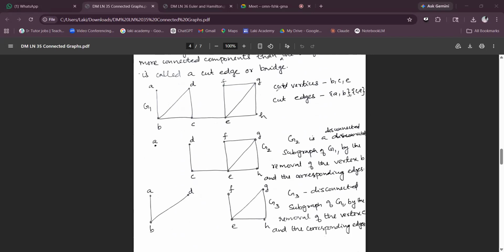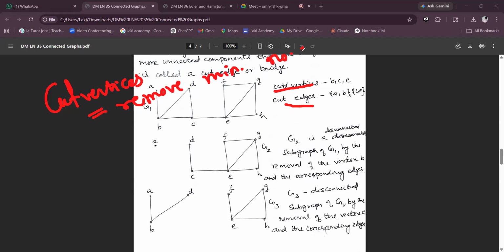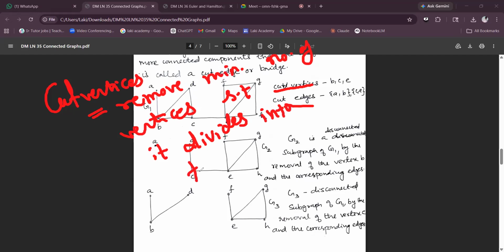What are cut vertices and cut edges? Very important. Cut vertices means removing the minimum number of vertices such that it divides into two components.